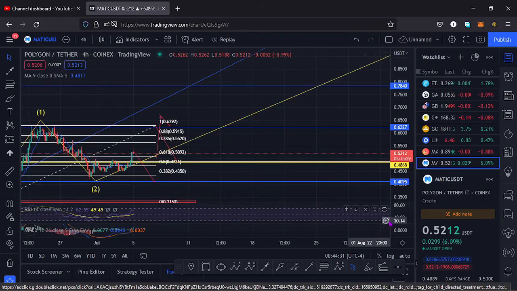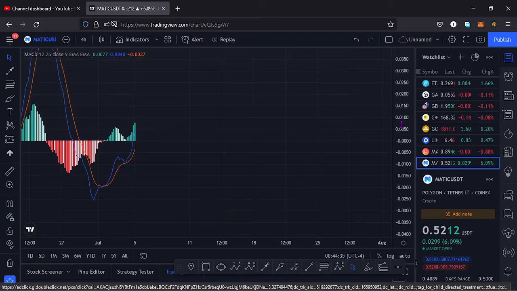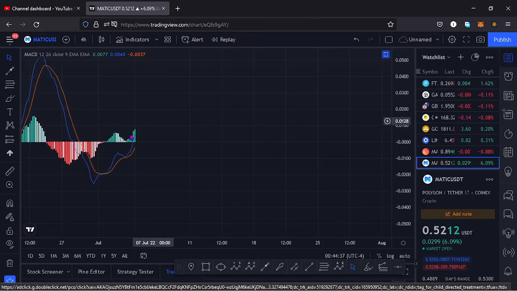On the MACD, we are seeing increased volume, and that would mean there is an increase in the buying pressure in the market. So soon we might continue seeing a bit of a recovery to the upper side, and we might continue seeing higher prices on the Polygon Matic chart.